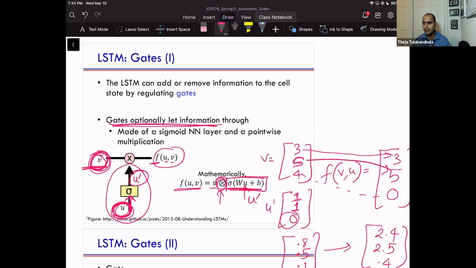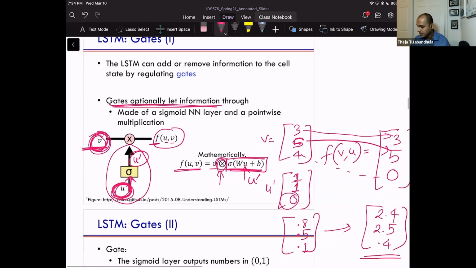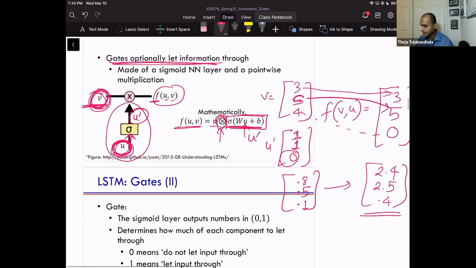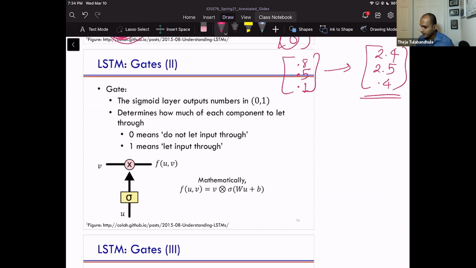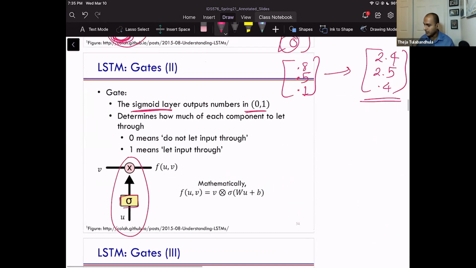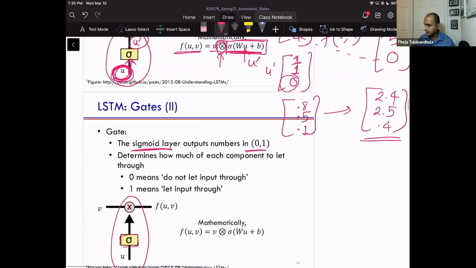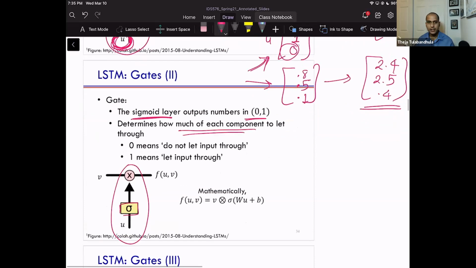Okay. So let me come back to cell state actually, since we just saw what a gate does here. A gate, as I said, is basically as long as you have something like this, you need to have a sigmoid layer. It outputs numbers between 0 and 1 in each coordinate. In the U prime, for example, we saw these are numbers between 0 and 1. And it determines how much of each component of the V vector to let through.